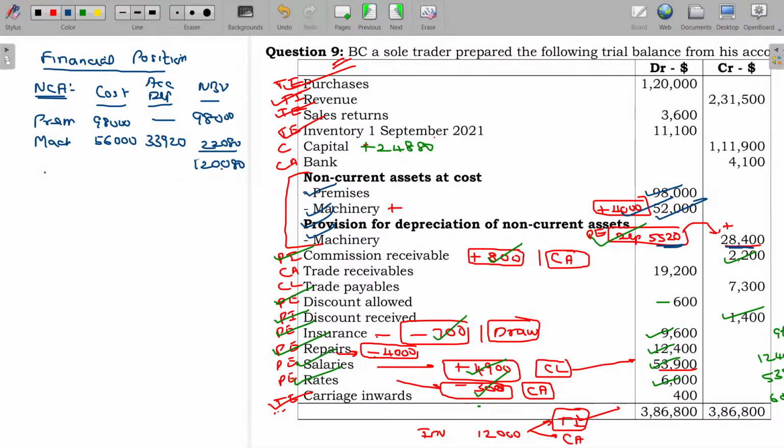Now we have to add up the current assets here. Under that, you start with the inventory. Usually inventory is the first one in current assets. 12,000. And any other current assets, so here is commission receivable. Maybe other receivables, value being 800.